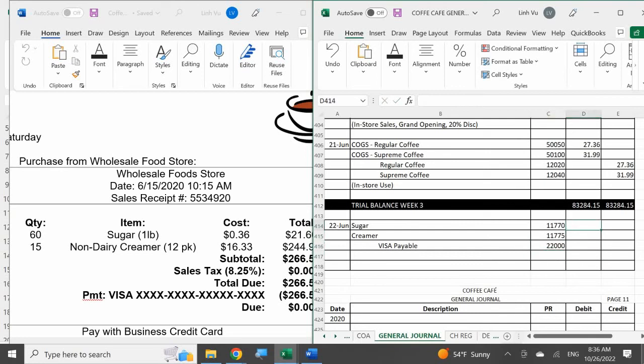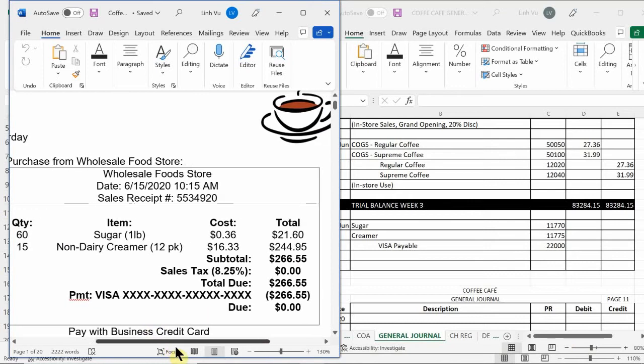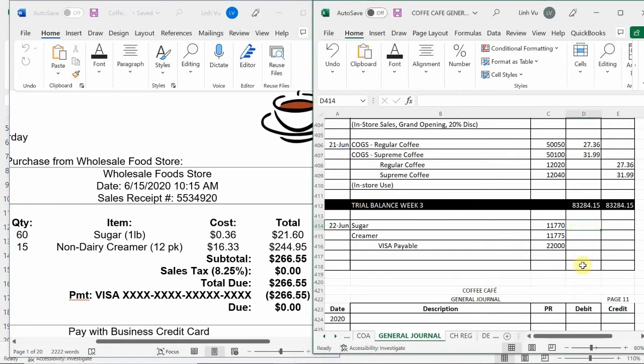How much sugar, how much creamer? One pound of sugar, and 12 packs. You did 60 and 15.